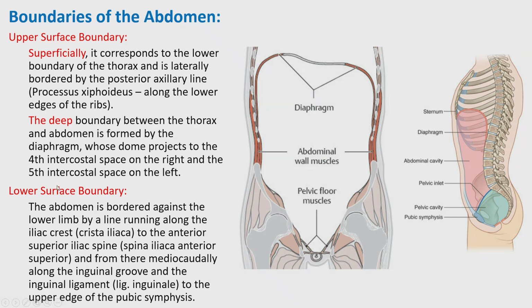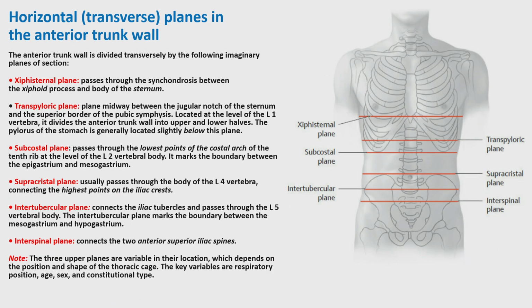So the lower part of the abdominal cavity reaches to the pelvic cavity, the lesser pelvis. So, back to the reference lines that are used in the classification of the regions of the abdomen.